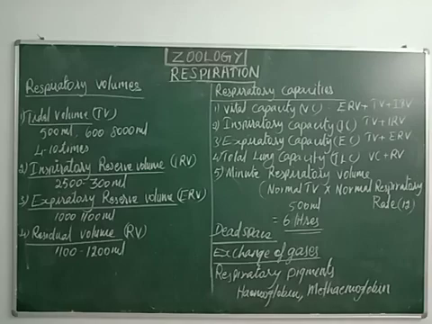Already I told you heme is an iron component. This iron component in normal hemoglobin is in ferrous condition. If the iron component is in ferric condition, it is called methemoglobin. Understand?